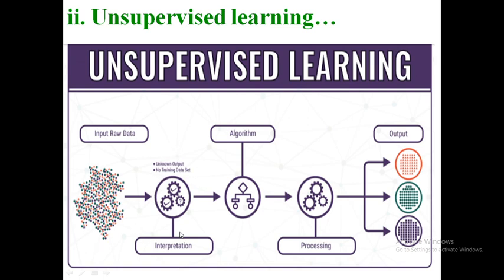So we have to interpret our data. The format you have may not be suitable for our output, so we have to devise something new, that is interpretation. Later we have to find an algorithm, do some processing, and give some output. So this is the unsupervised learning algorithm.